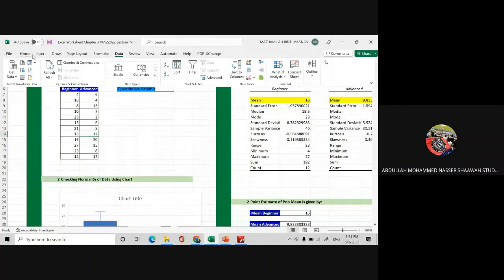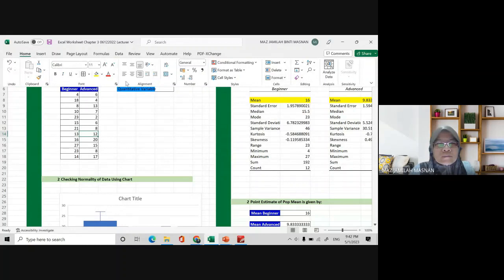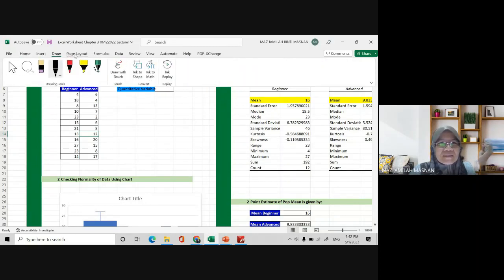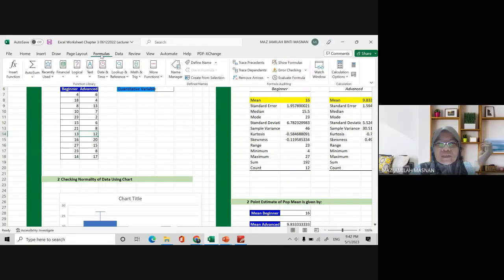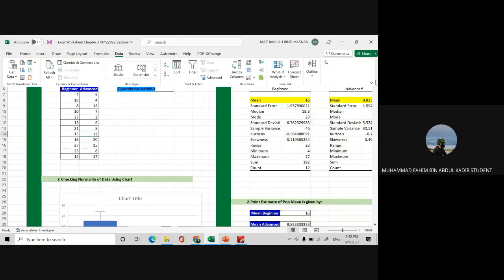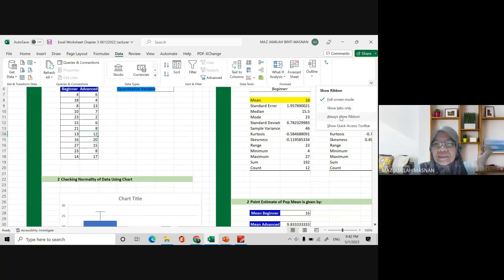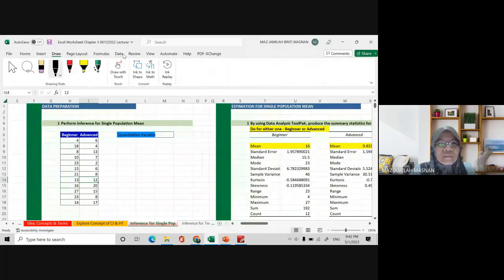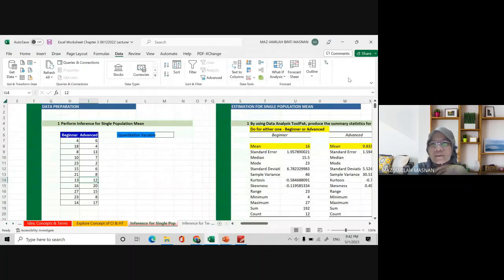Why suddenly no data analysis in my laptop? Let me check. Formula, data. I know where it is in the data, but the icon is missing. Let me put the ribbon so that, see, my data is missing. Home, analysis.